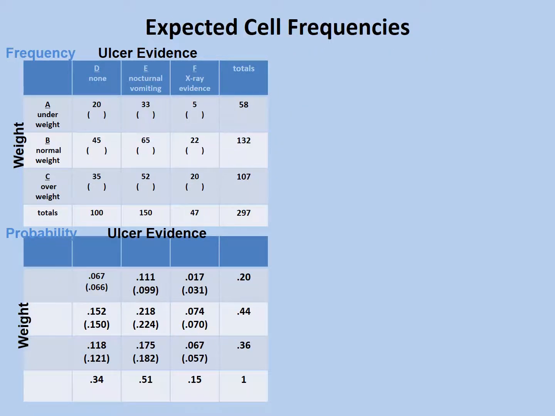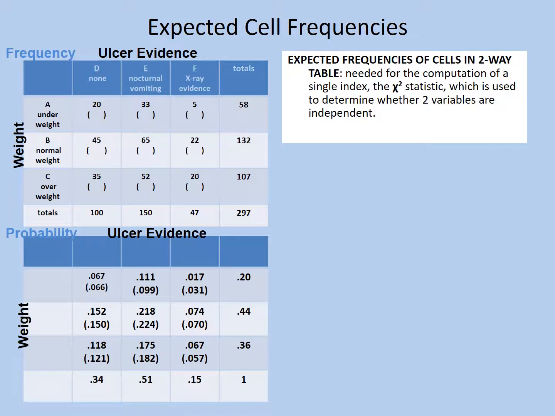We have completely filled in the bottom probability table with the observed and expected cell frequencies. What about the top table, which now only shows observed cell frequencies? To complete the table, we will need to compute expected cell frequencies, which we now describe. Moreover, expected cell frequencies in a two-way table are very important because they are needed for the computation of a single index called the chi-square statistic, which is used to determine whether two variables are independent.